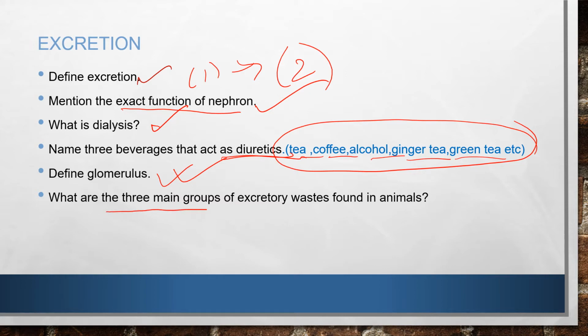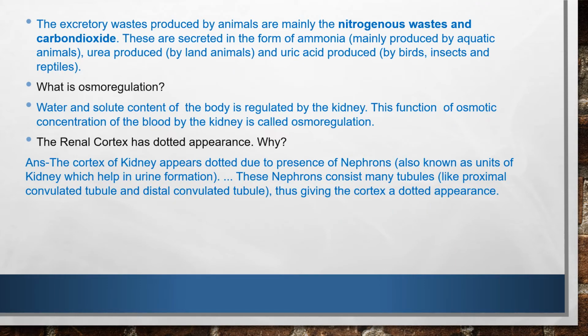And this: what are the three main groups of excretory wastes found in animals? Think for a while about what we can write when this question comes. The excretory wastes produced by animals are mainly nitrogenous wastes and carbon dioxide.